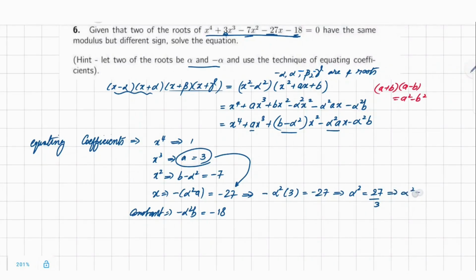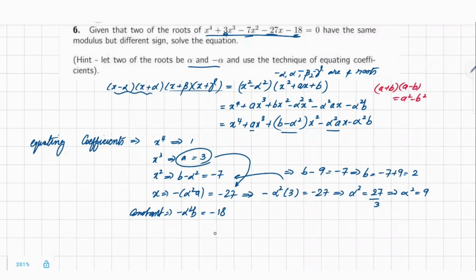So that gives us alpha squared equals 9. We can substitute this in this equation, which will give us b minus 9 equals minus 7, which can be written as minus 7 plus 9 gives us 2.